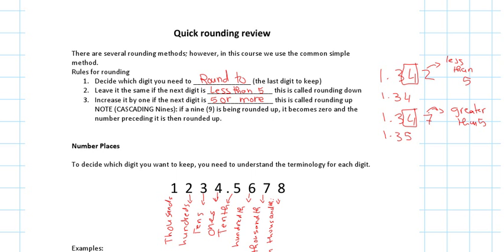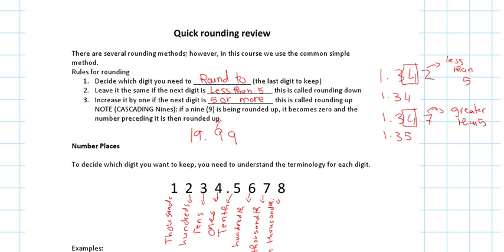There's also the cascading nines. What that means is, when you go shopping and the price is $19.99, if you want to round this, what do you round it to? To 20. Because of the 9 here, you're going to round this up to 10.